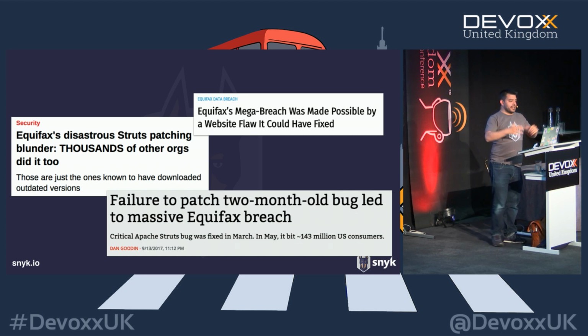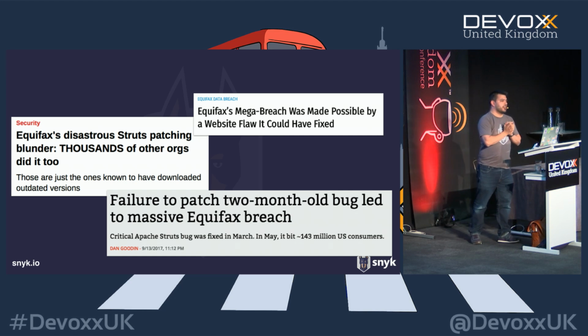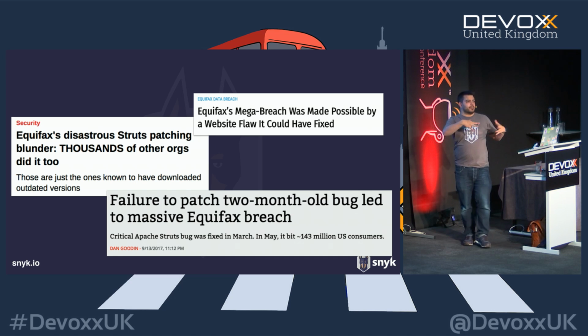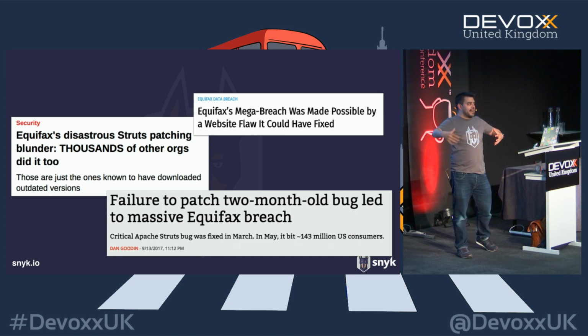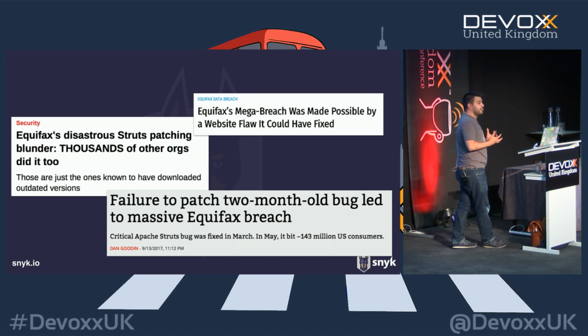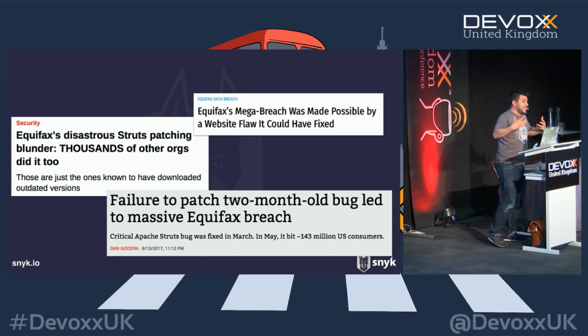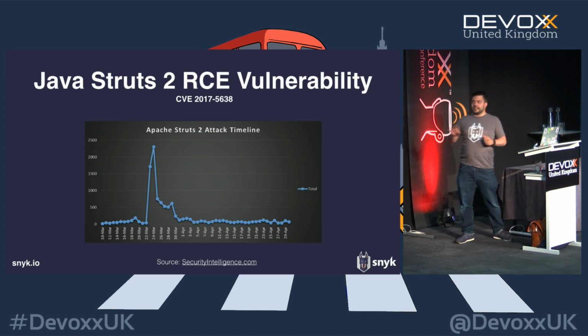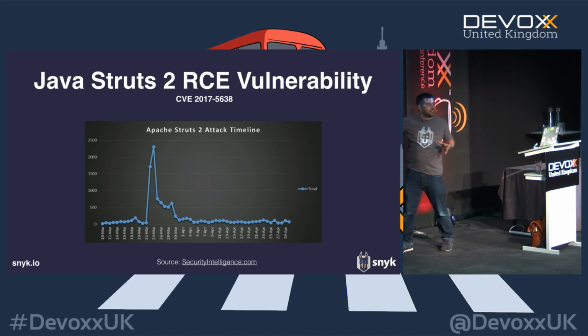Equifax was one of the biggest breaches, not just because of how badly it rolled out when we look at the post-mortem, but because of the number of accounts that were released, particularly in the US. This graph doesn't actually have anything to do with Equifax other than that it's about Struts, and Equifax uses Struts.